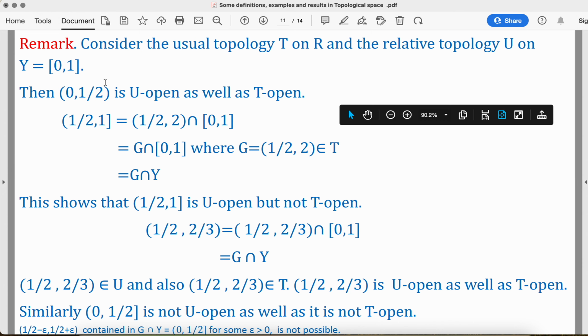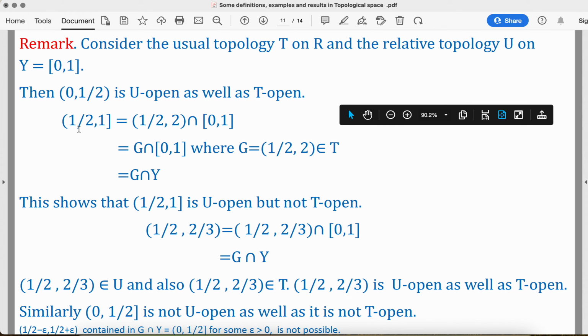U open is just to emphasize the topology under consideration, and T open is also to emphasize the topology under consideration. Otherwise we can simply write open sets, but here we have two topologies. U is a different topology, T is a different topology, so I have written U open and T open. So the open interval (0, 1/2) belongs to U as well as T. It means it is U open as well as T open.